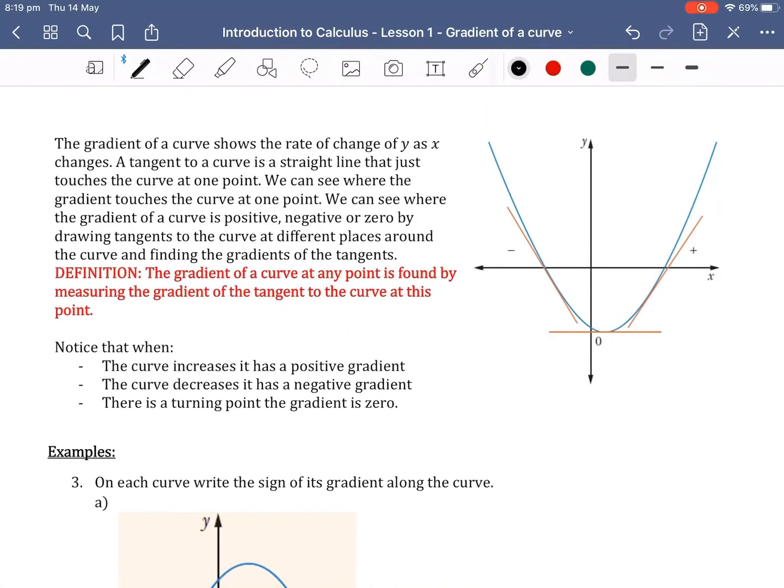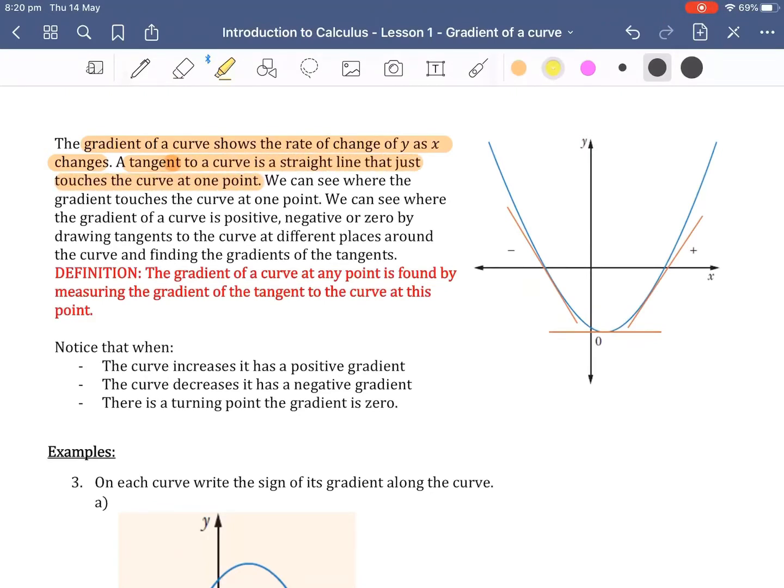Moving on. The gradient of a curve shows the rate of change of y as x changes. A tangent to a curve is a straight line that just touches the curve at one point.